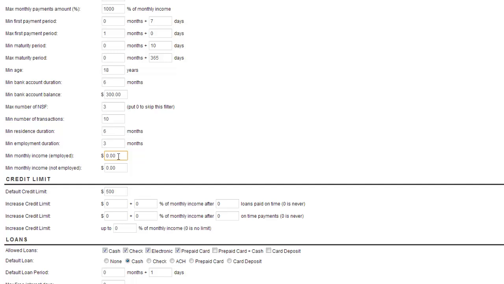And the minimum monthly income when they are employed. If employed, we will set a minimum monthly income. The applicant is required to be employed in order to receive a loan. And we'll say their minimum monthly income, we want them to make $1,200 a month.